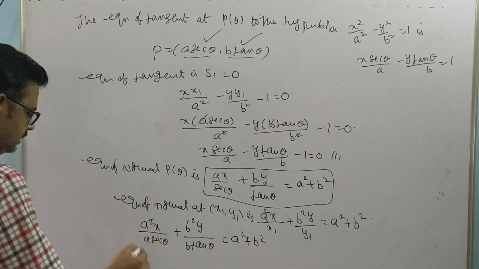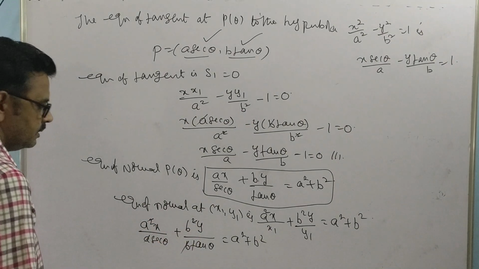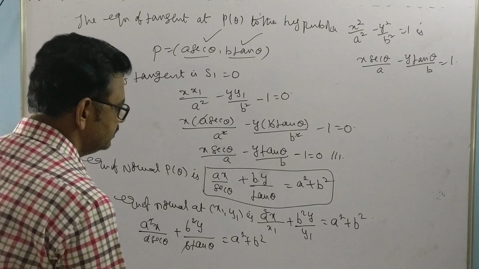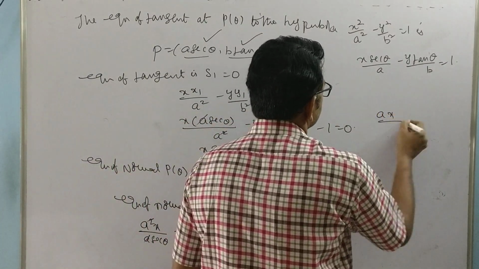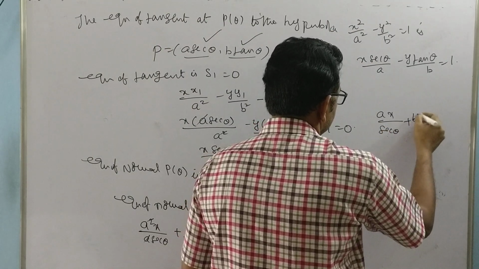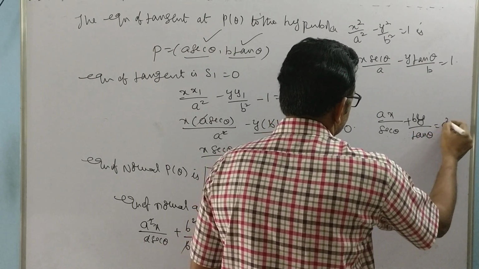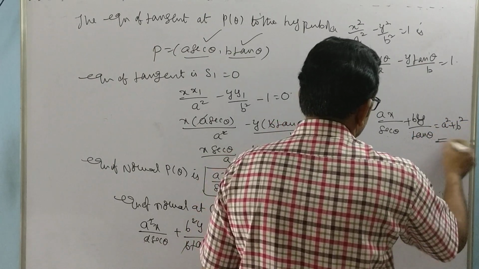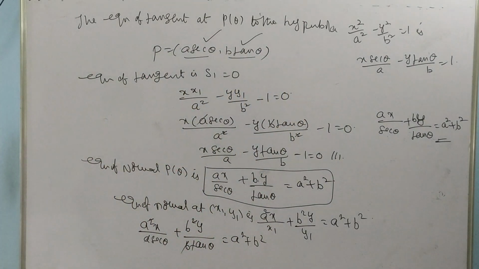So a cancels, b cancels. Therefore that is ax by secant theta plus by by tan theta is equal to a square plus b square. That is the equation of normal at the point (x1, y1), or that is (a secant theta, b tan theta).